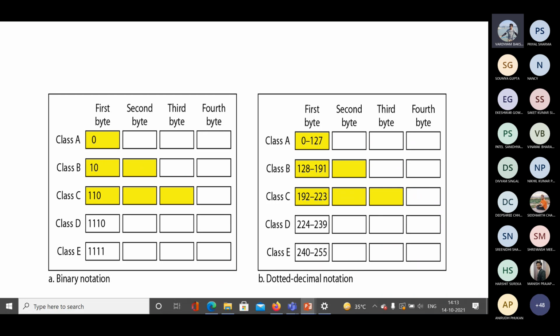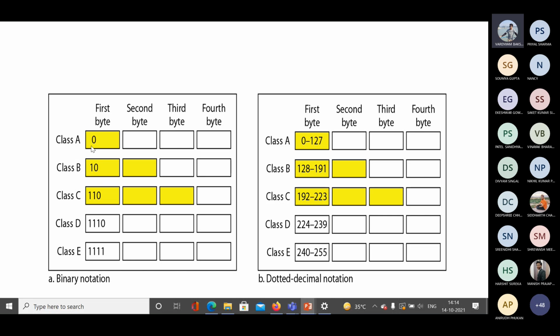So the class A address, as you can see here. We know that in IP addressing we are dividing into chunks of 8 bits, so that means first byte, second byte, third byte, and fourth byte.